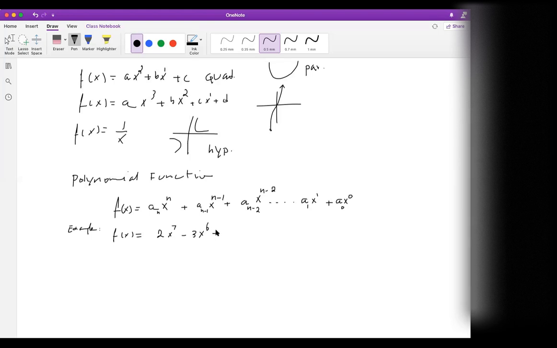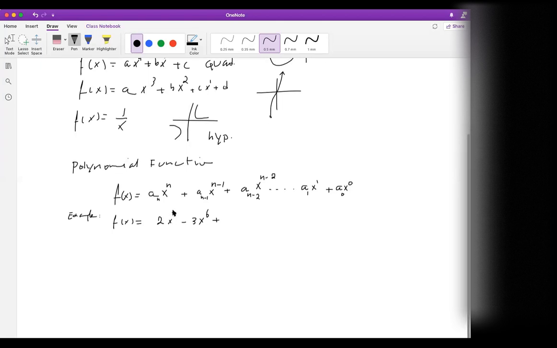Then it decreases, not necessarily by 1, as long as the next term is lower. It could be, for example, 4x to the third. Always arrange the terms from the highest to the lowest in terms of power. Then maybe negative 2x squared, and finally 5x.